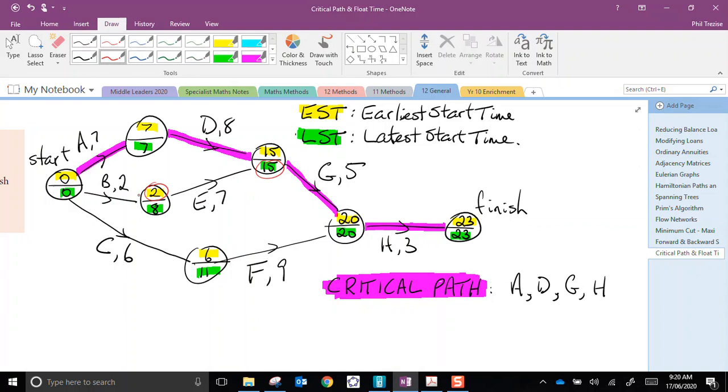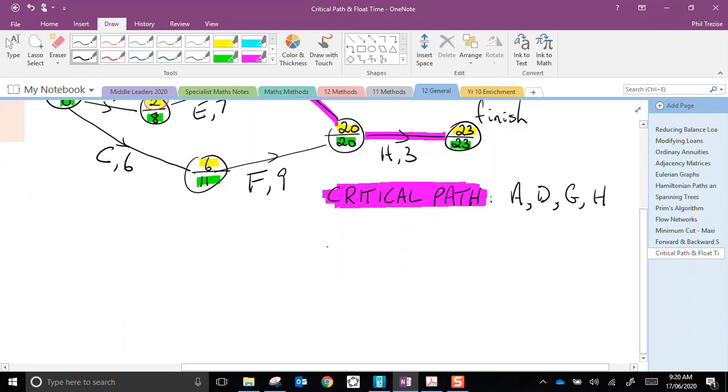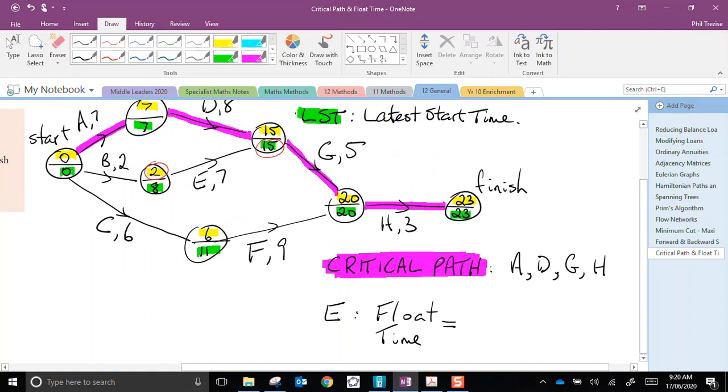How much float time is there for job E? Well, it's 13 take 7. Let's write this down. So for job E, the float time, as it's called, sometimes called slack time, well, looking at the ends of this edge, that's a latest start time, and that's an earliest start time. So that's the latest start time at the finish, and that's the earliest start time at the beginning.